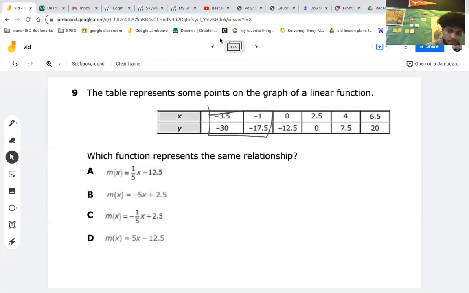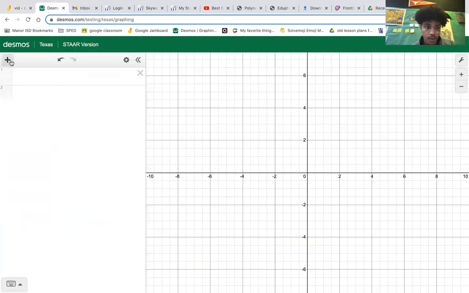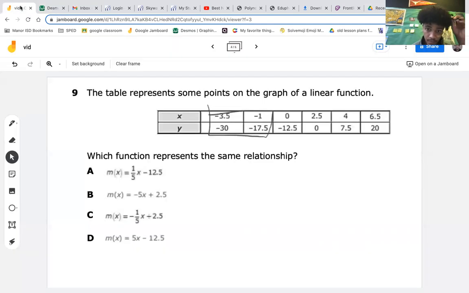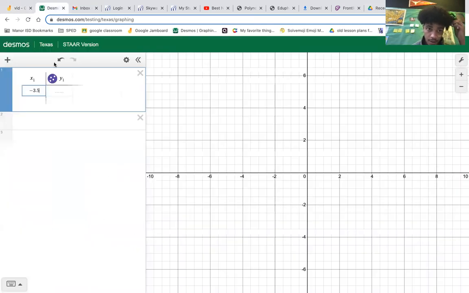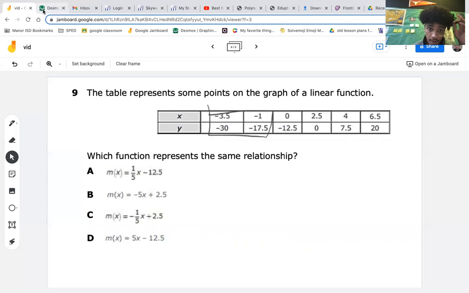So I'll make a table with these 2 points. Negative 3.5, so do plus table, negative 3.5, negative 30, and then negative 1, negative 17.5.